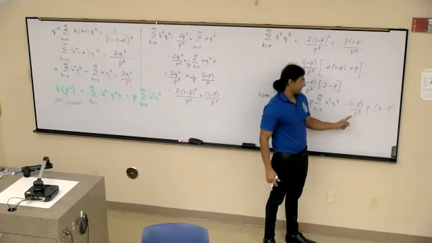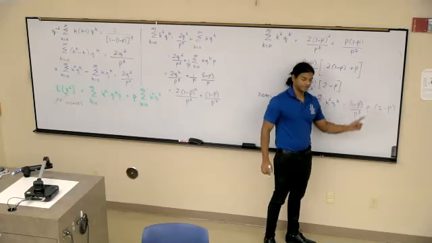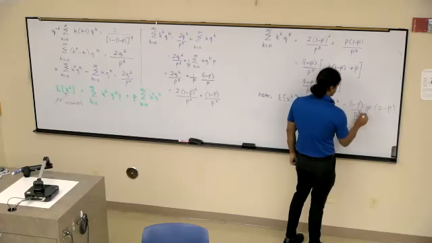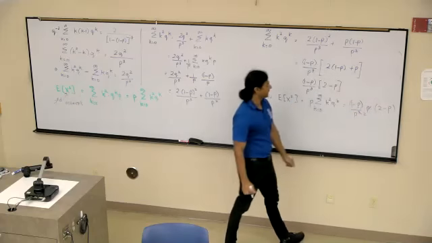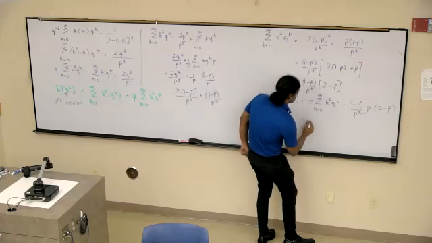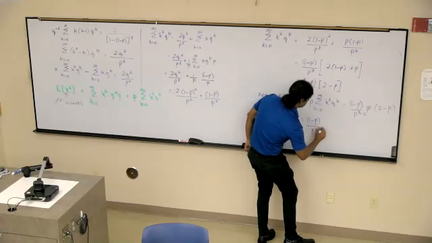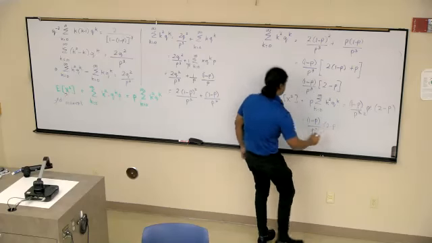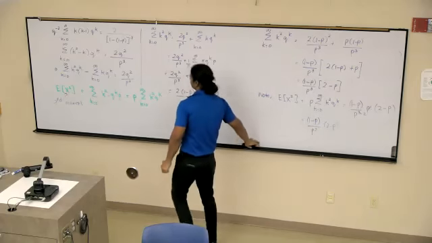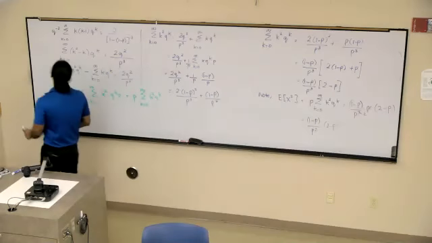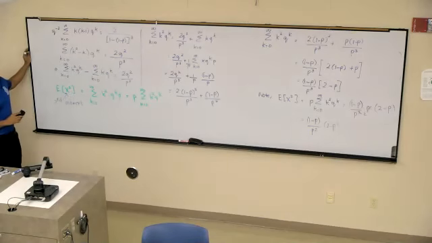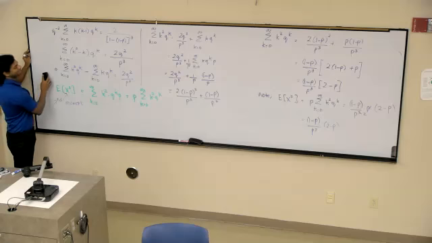So 1 minus p over p cubed times p times 2 minus p. The p's will get cancelled. So we will have 1 minus p over p squared times 2 minus p. Good.